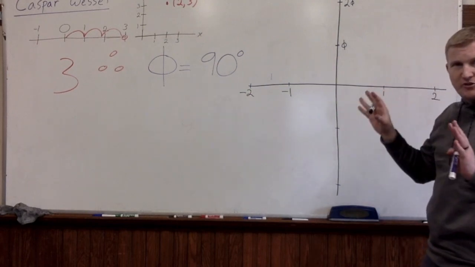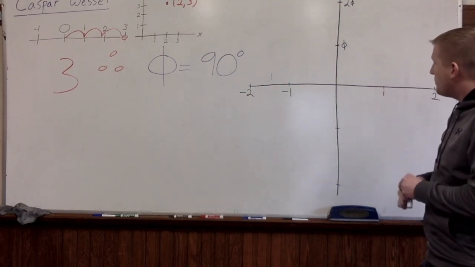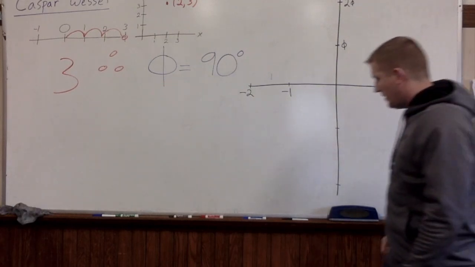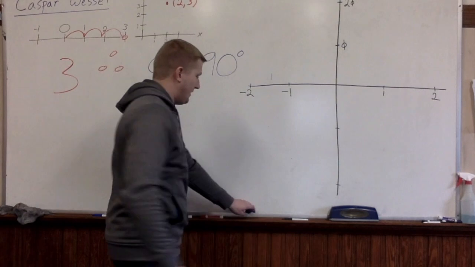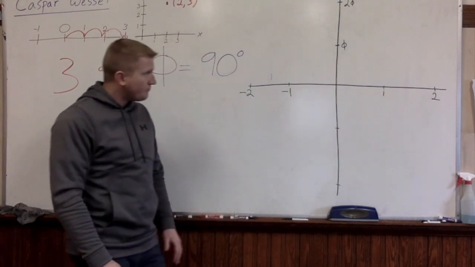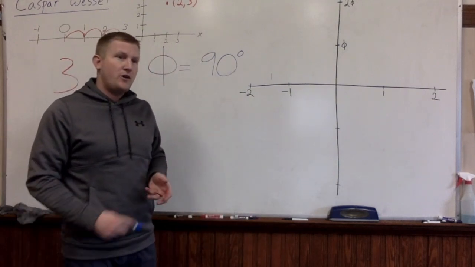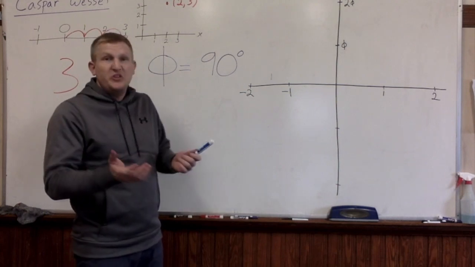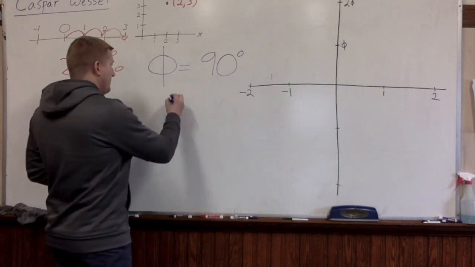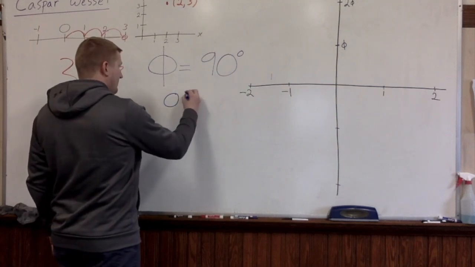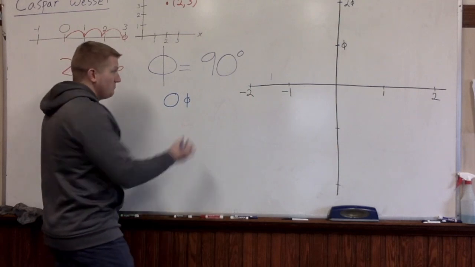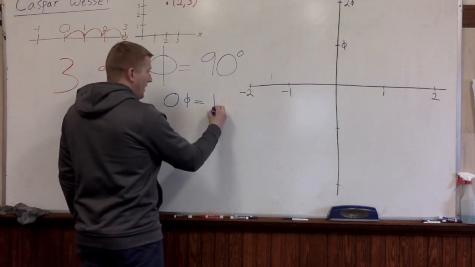Okay, so let's just make sure that this makes sense so far. If we wanted to represent, say, this point here, at the 1 on the real number axis, we haven't turned at all. So that's the same thing as 0 phi, right? So we can have 0 phi, just representing that 1.